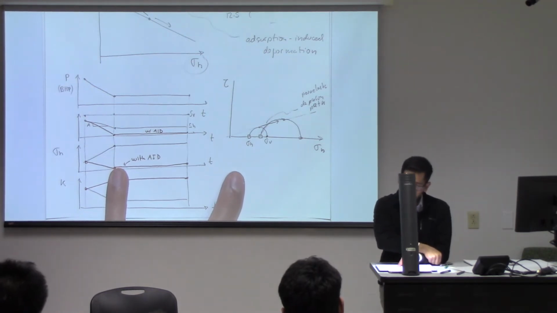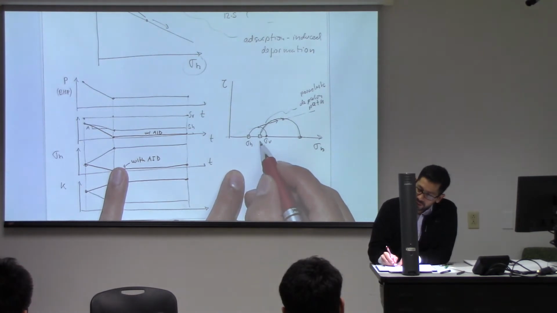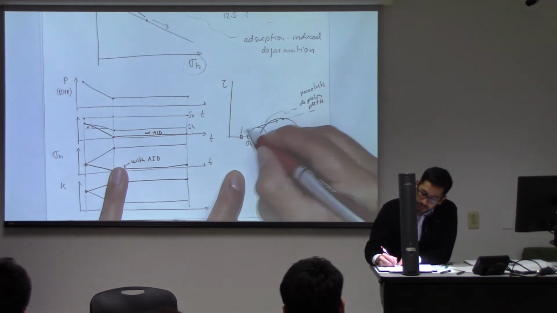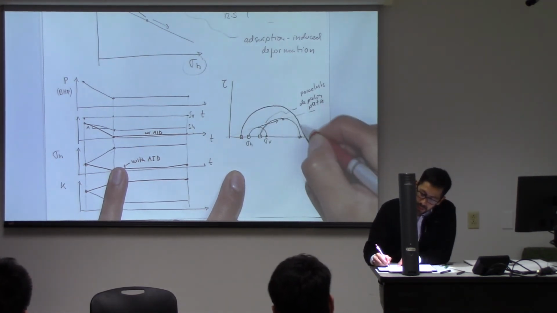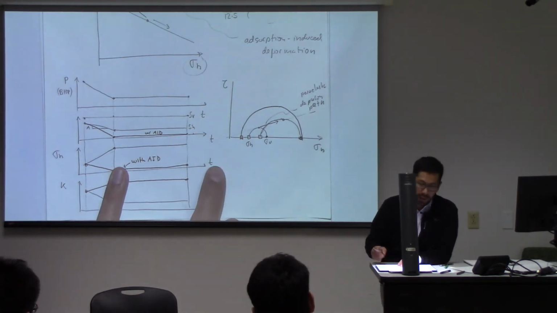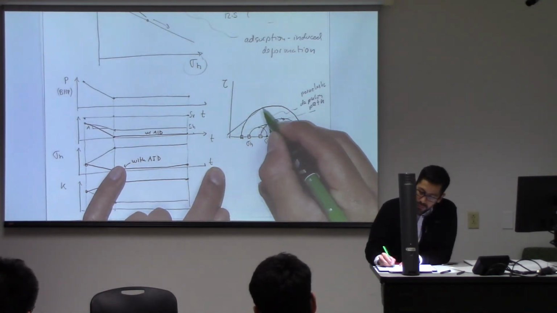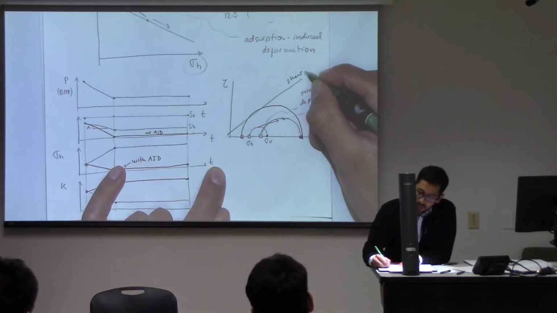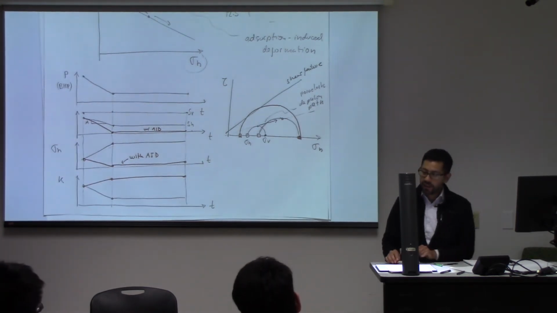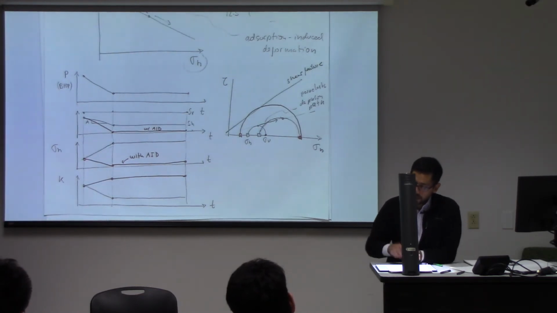But if you add the adsorption-induced deformation, your horizontal effective stress is going to decrease, and it may end up somewhere over here, and your Mohr circle now is going to be this one, much bigger than the one before, almost there. That's the same point, okay? At the same point, something that could result into shear failure.